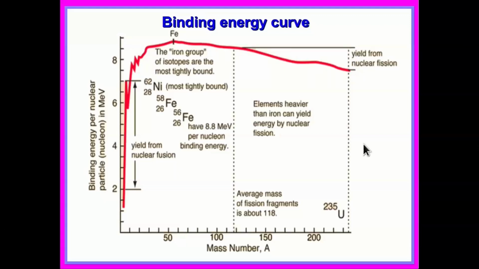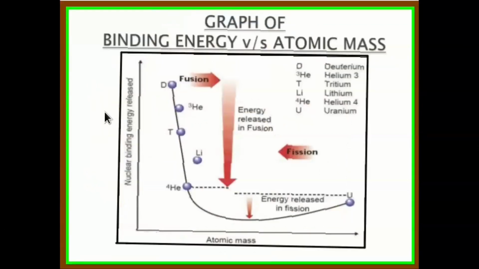In the next slide, which is essentially the same slide but inverted, the fusion process goes in this direction and the fission process goes in the opposite direction. But both of these will yield energy.